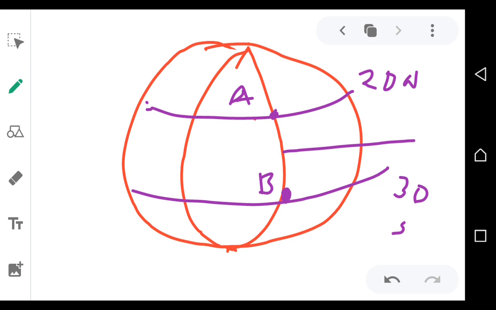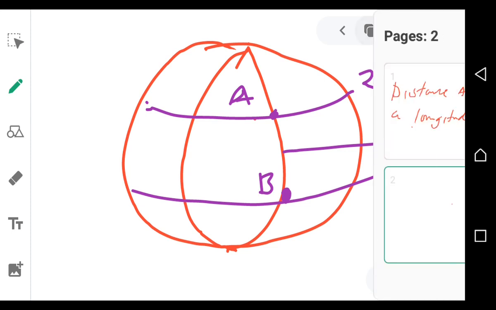And then this longitude, I'll name it 40 east. 40 east.